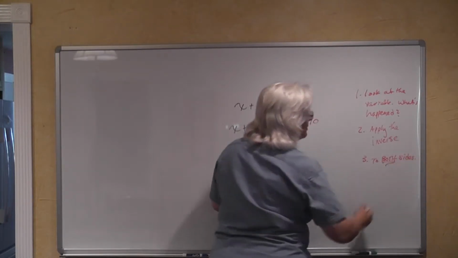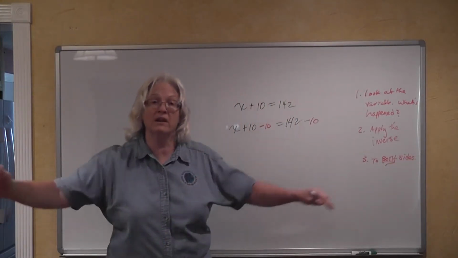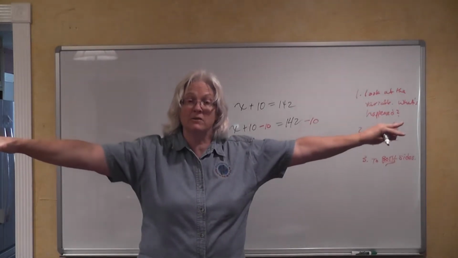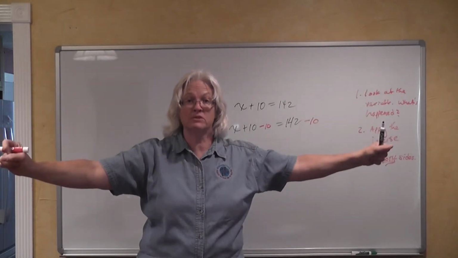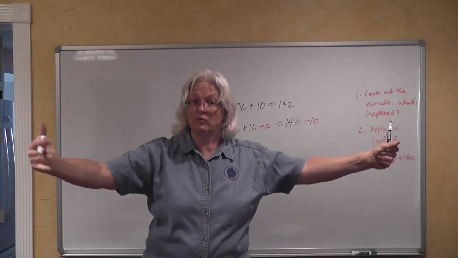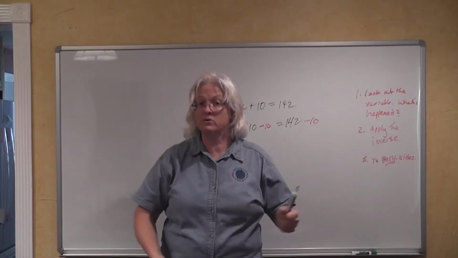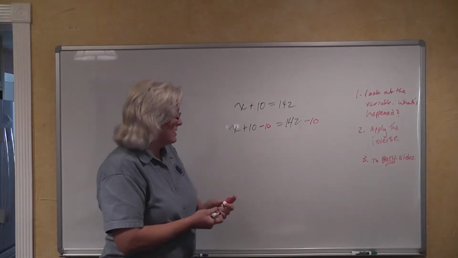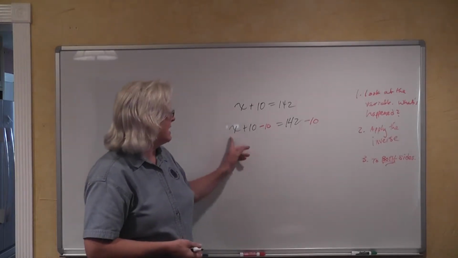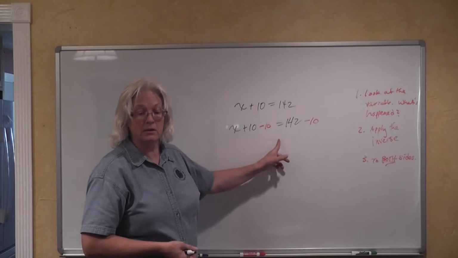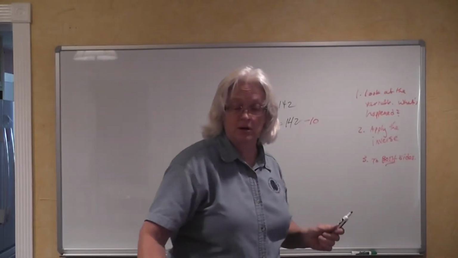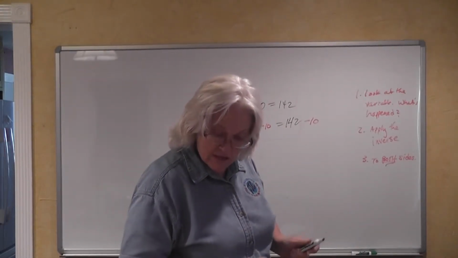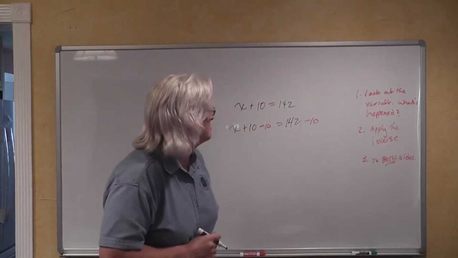And that comes from our properties of equality that says an equation stays in balance as long as you add to both sides, subtract from both sides, multiply both sides by a number, or divide both sides by a number. Now we have x plus 10 minus 10. And your book, I don't believe, shows this. Actually, they're going to, and I'm going to go ahead and illustrate it here.